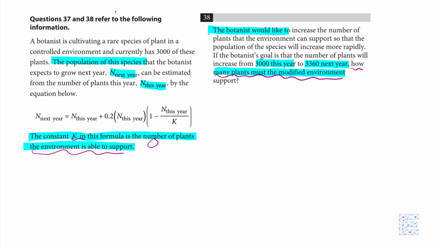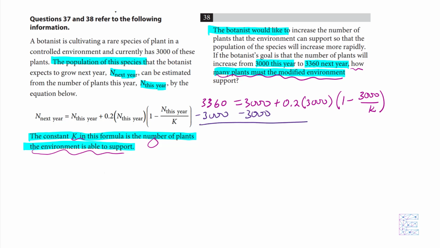So next year is 3,360, so we'll plug in 3,360 in place of next year, equals this year, which is given to us as 3,000, plus 0.2 times this year again, which is 3,000, quantity 1 minus 3,000 again, divided by K. So using our algebra skills, first thing we want to do is subtract this 3,000 from both sides.